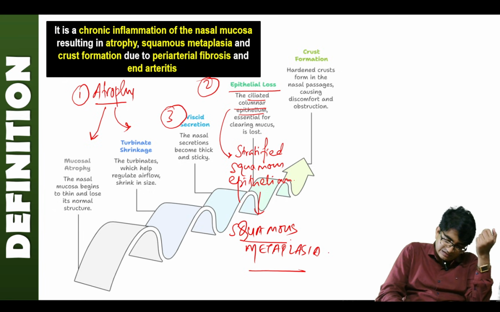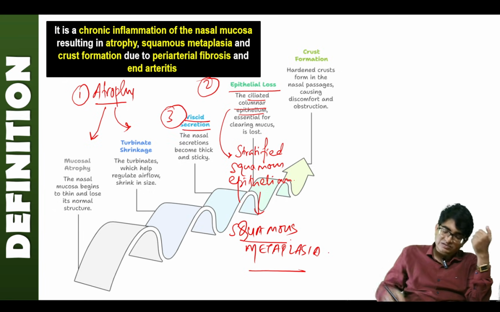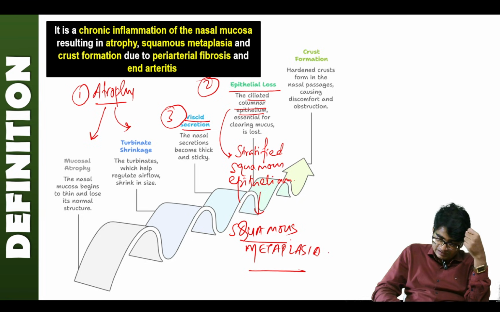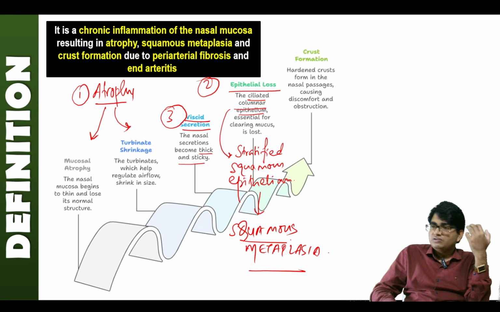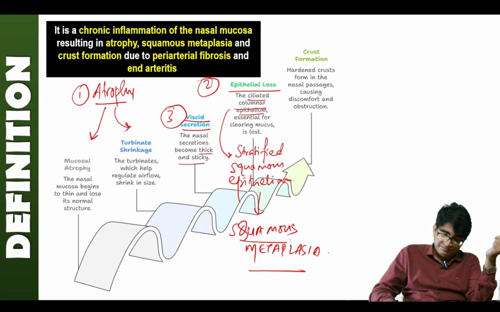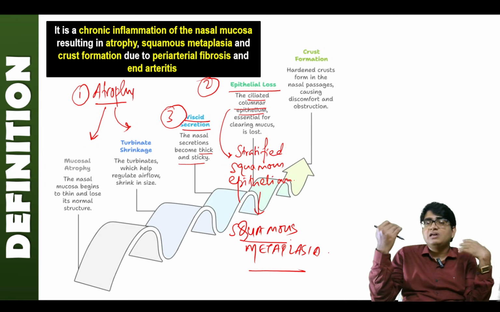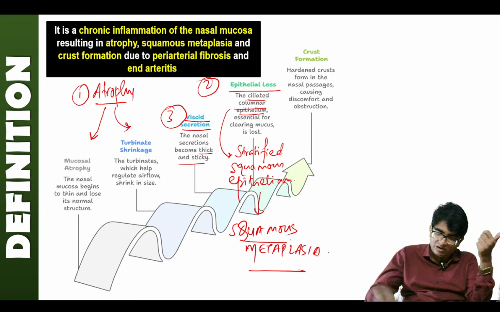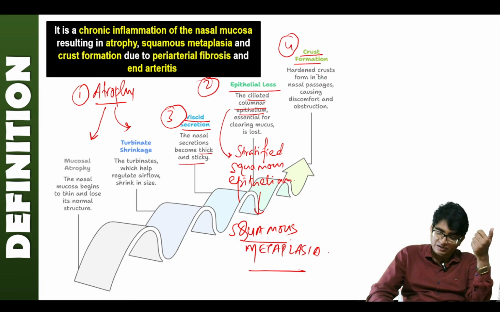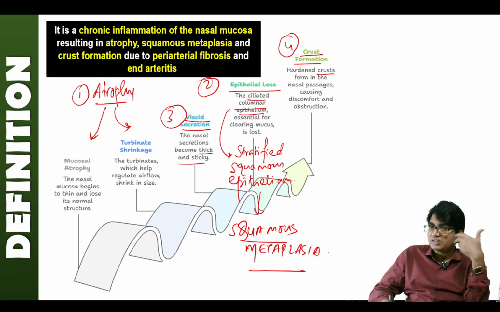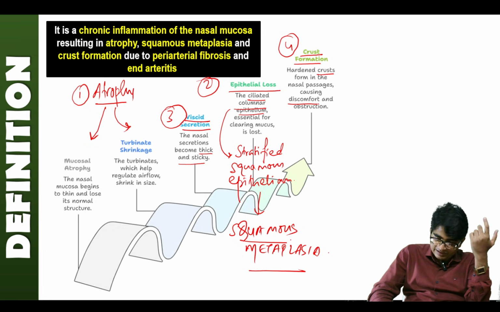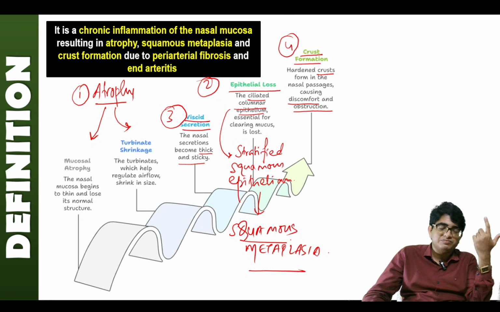So that is the third keyword: scanty, thick, sticky, viscid nasal discharge. Now this discharge gradually hardens to form crust. Very important. Now these crusts, what they do? Causing nasal discomfort and obstruction, correct?